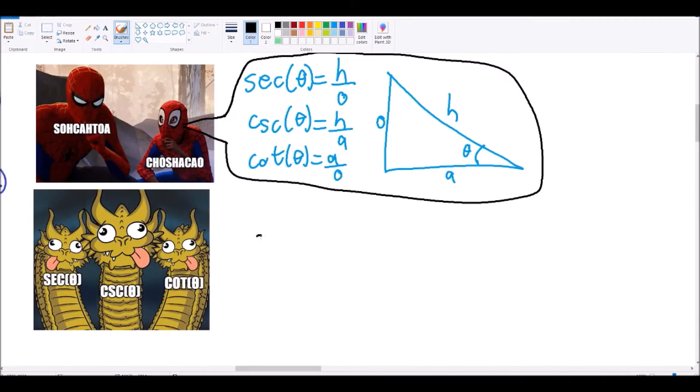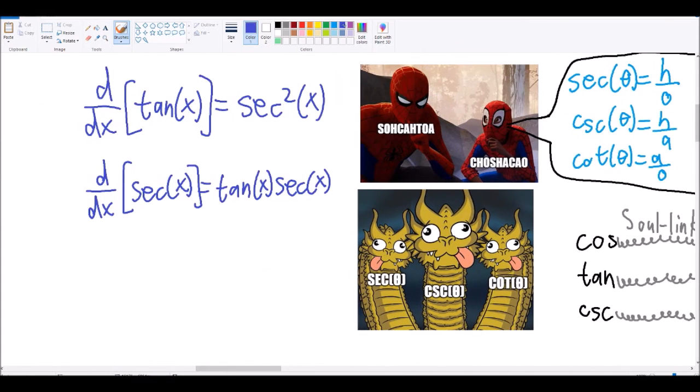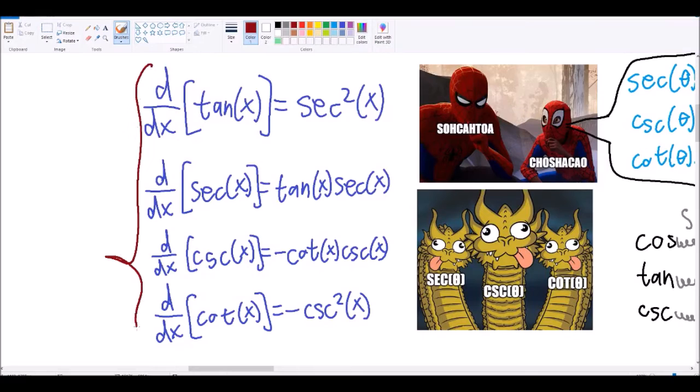And you know how sine and cosine are so linked with the derivative, as are tangent and secant? Well, cosecant and cotangent are also so linked in this way. The derivative of cosecant of x is negative cotangent of x times cosecant of x, and the derivative of cotangent of x is negative cosecant squared of x.